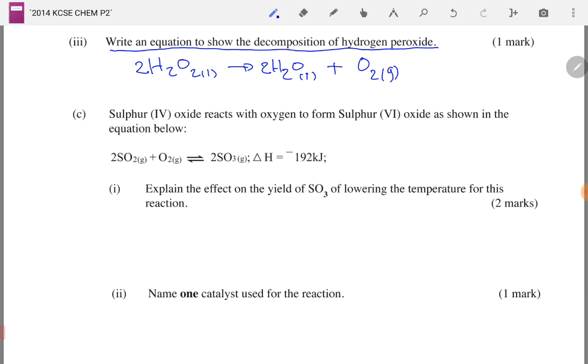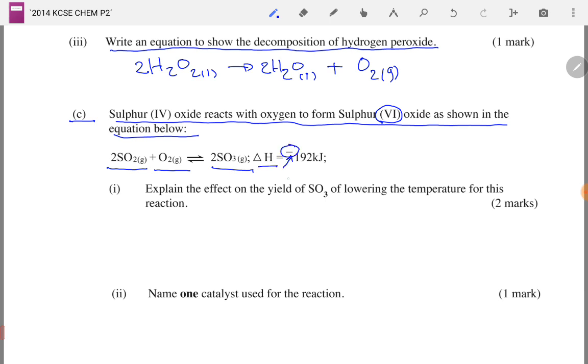So, subsection C, sulfur 4 oxide reacts with oxygen to form sulfur 6 oxide as shown in the equation. Sulfur 4 oxide, oxygen, we get sulfur 6 oxide. This is sulfur 6 oxide. The enthalpy change here, you can see the sign is negative, indicating that the reaction is exothermic.